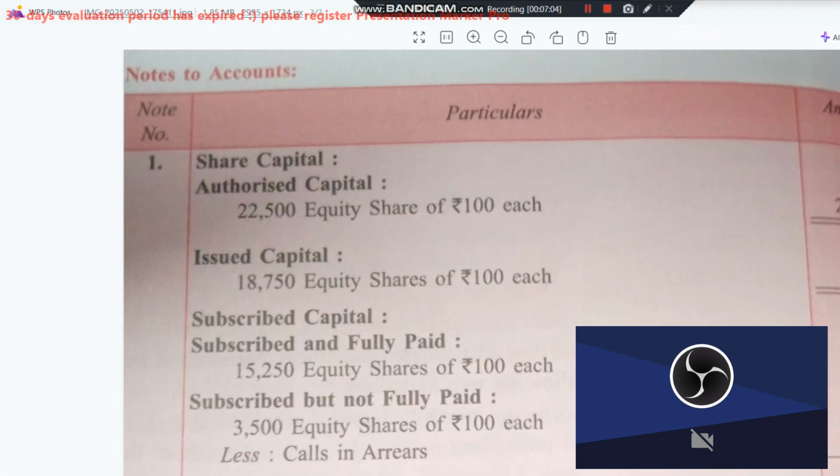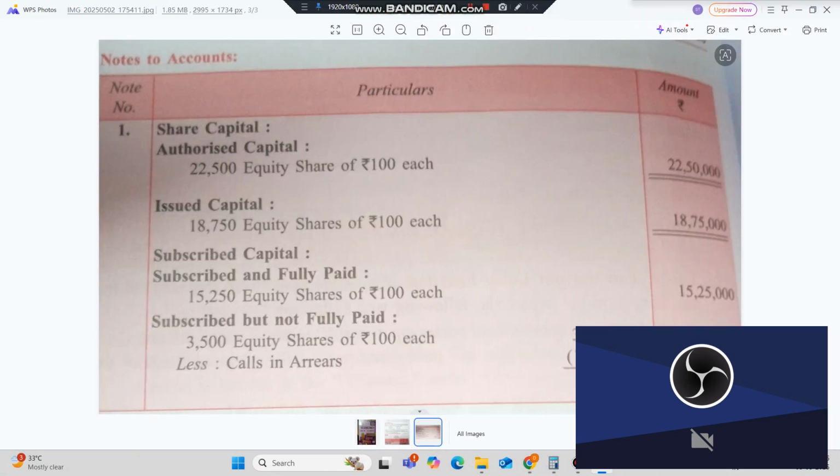The first thing we have received in our business is 15 lakh 25,000, which is fully paid. But 2 lakh 45,000, subscribed but not fully paid, is yet to be received. So totally the equity share capital is 17,70,000, and this is going to appear as share capital in the balance sheet.